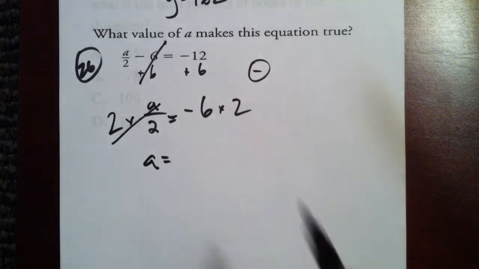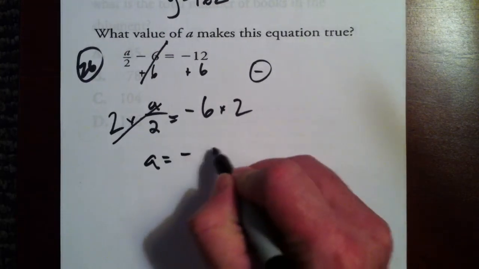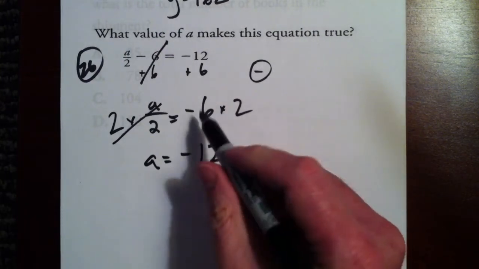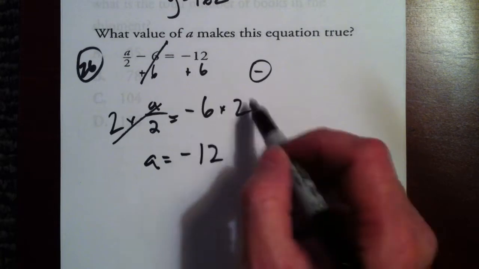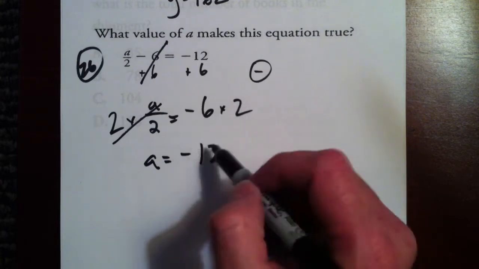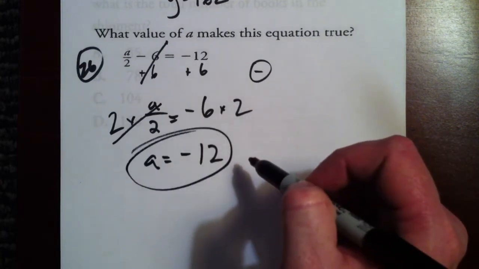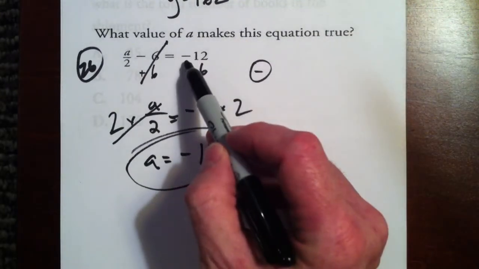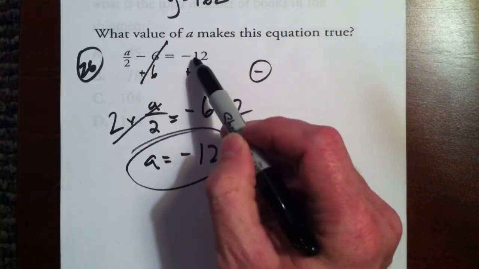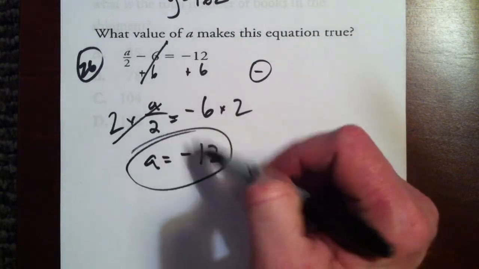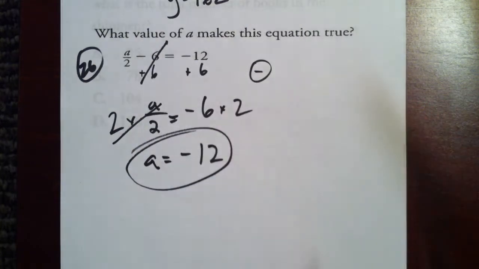Now negative 6 times 2 is negative 12. Same signs, answer is positive. Different signs, answer is negative. A equals negative 12. Now everybody keeps asking me, how could that be that answer and there? Well, it's the same thing. You plug that in there, and I guarantee you're going to get negative 12 every time.